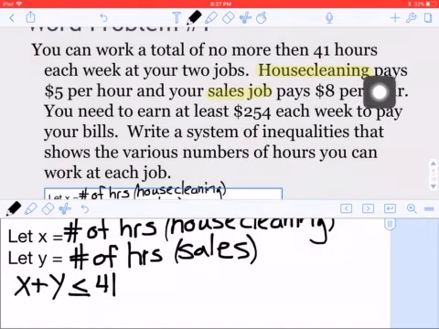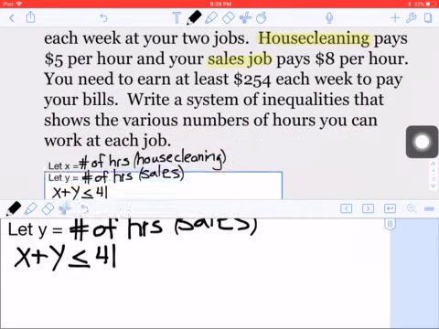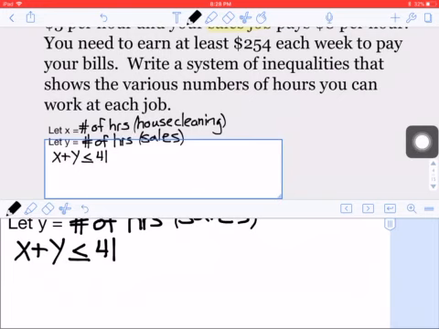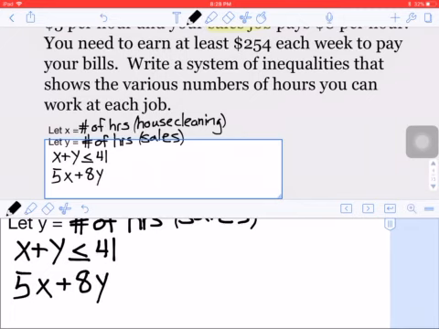House cleaning pays $5 per hour, so 5 times the number of hours you work, or 5x, plus your sales job pays $8 per hour, so 8 times y, and that will have to be at least 254. Hopefully it's actually more than that. So our inequality is 5x plus 8y is greater than or equal to $254.